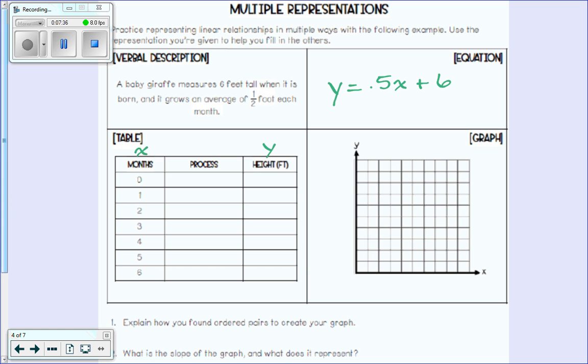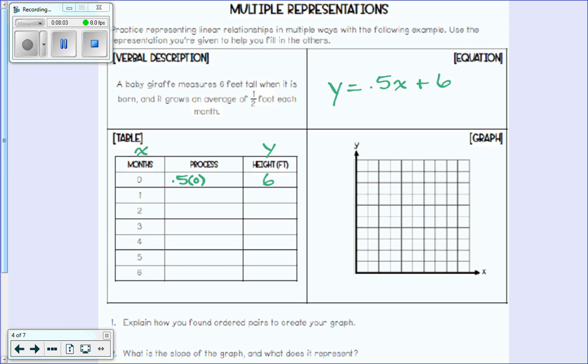What math? 6. How did you get 6? Okay, when it's born, that was given, right? What math is our process though? 1/2 what? What's our equation? What are we going to substitute in X for?